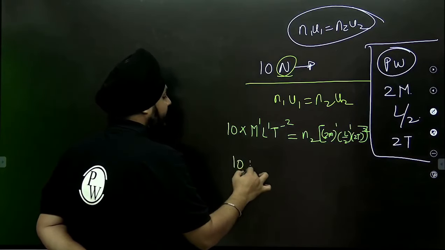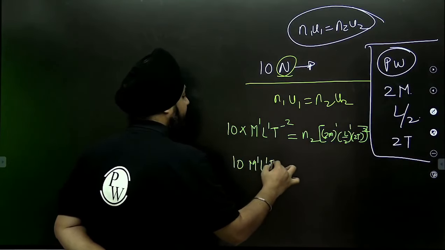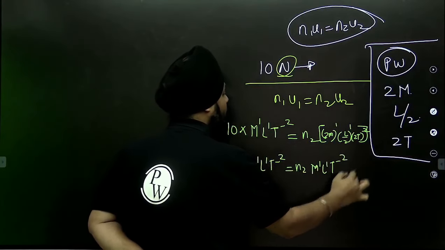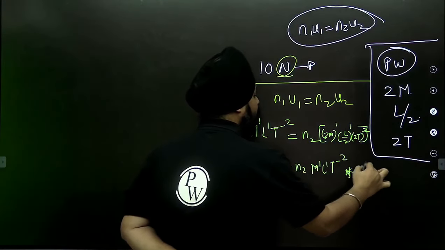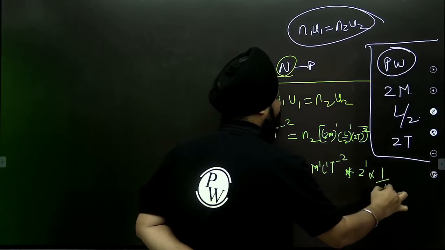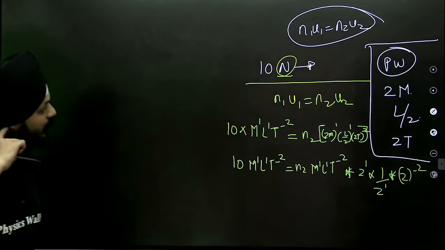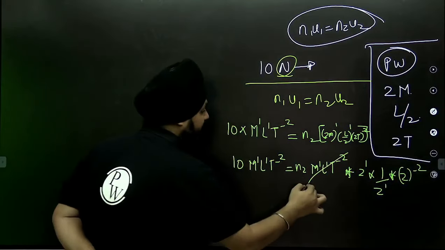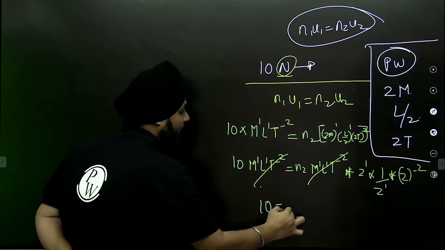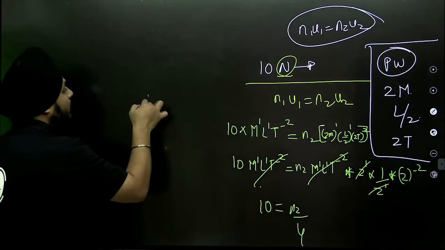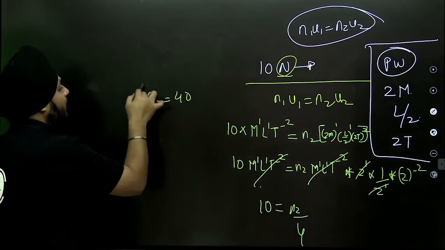So this will be 10 M1 L1 T minus 2 equals N2 M1 L1 T minus 2 into 2 to the power 1, 1 by 2 to the power 1, 2 to the power minus 2. Right? So this thing we are going to cancel. So 10 is equal to N2 times 2 times 1/2 times 1/4. N2 will be equivalent to 40.